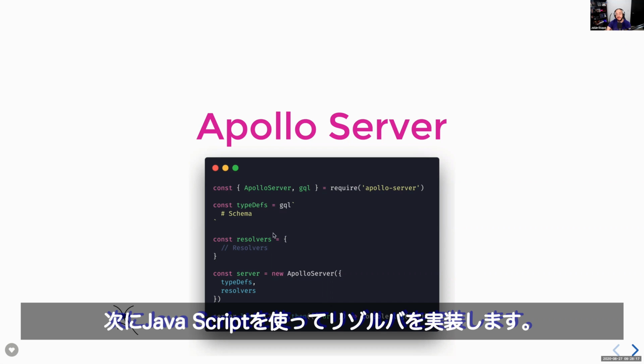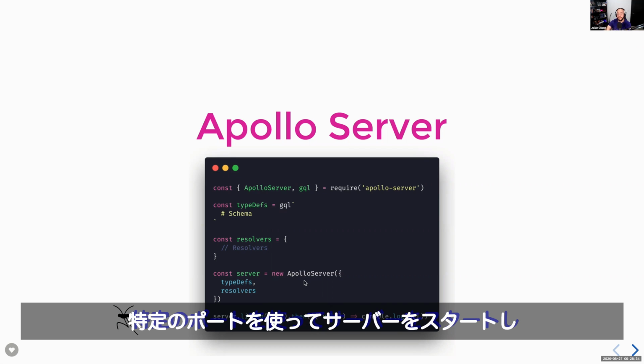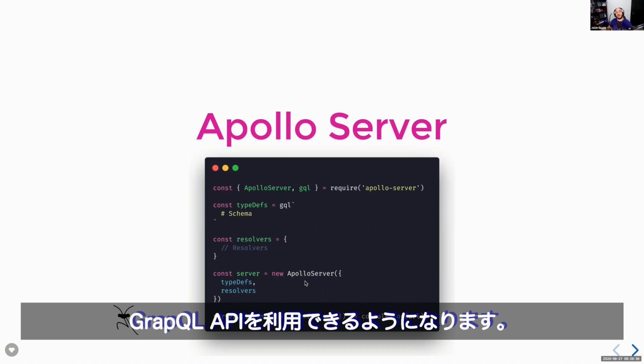Then we implement the resolvers, which is going to be the JavaScript implementation of that specific contract. And at the end, we create a server that has both the type definitions and the resolvers. We start the server in a specific port, and then we can start enjoying our GraphQL API.